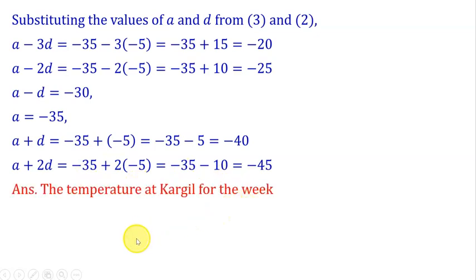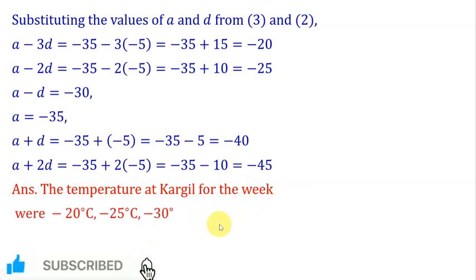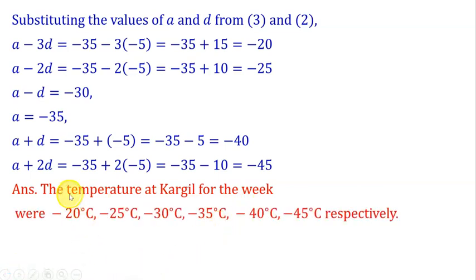Therefore the answer: the temperatures at Kargil for the week were minus 20 degrees Celsius, minus 25 degrees Celsius, minus 30 degrees Celsius, minus 35 degrees Celsius, minus 40 degrees Celsius, and minus 45 degrees Celsius respectively.